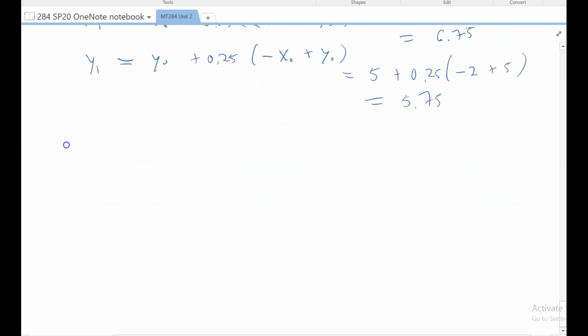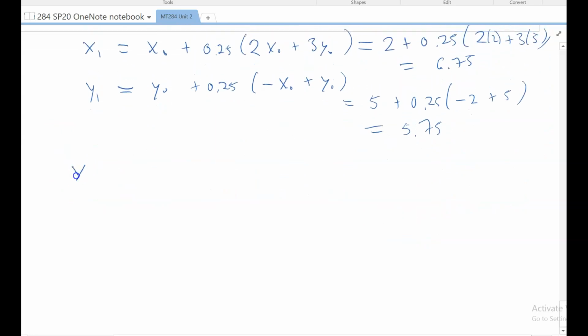All right, so to get x2, what are we going to do there? We're going to take our previous x, x1, plus our step size, 0.25, times 2 times our previous x, plus 3 times our previous y. And let's just plug those numbers in right away. What was our previous x? Our previous x was 6.75.